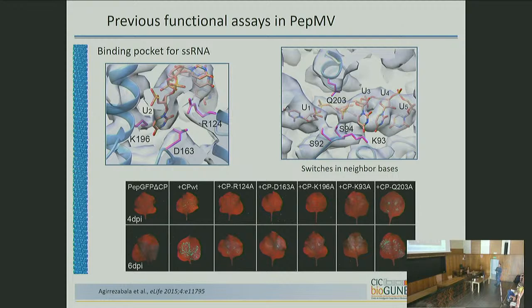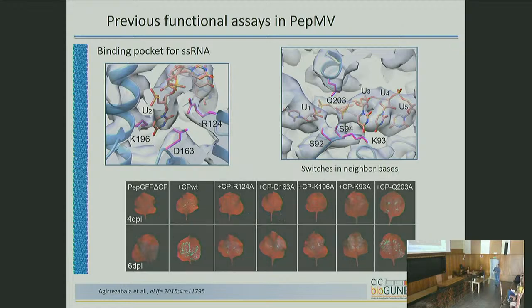So you can check mutants and mutations in the conserved arginine, aspartic, even in this lysine that is conserved between some Potyviridae and some Potexvirus. What we see is that there is no signal for the presence of virus or movement of the virus between cells within the leaf. And for instance, here this glutamine that could be important, if you mutate it, the virus is still alive.